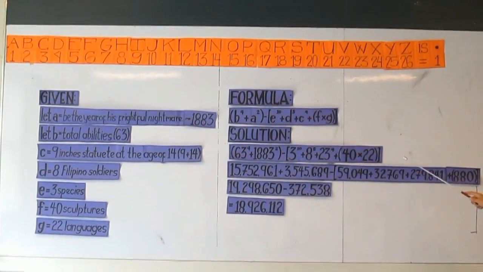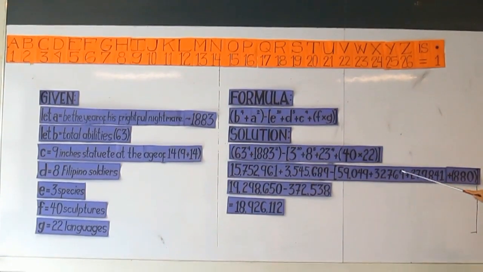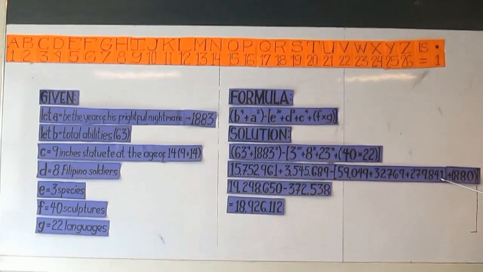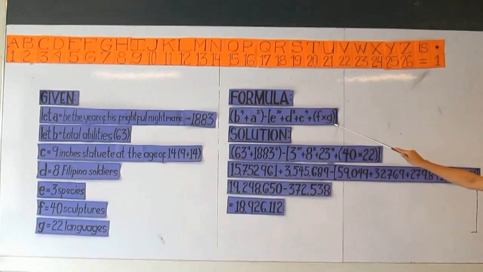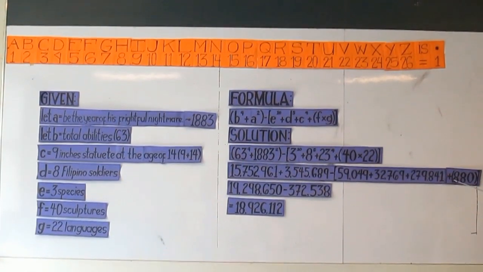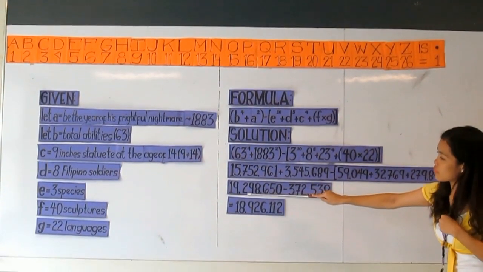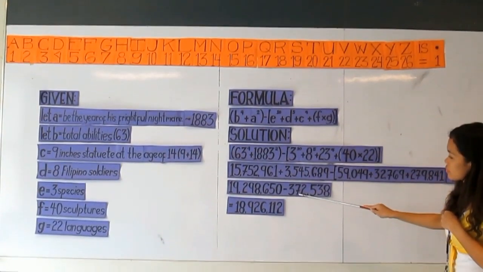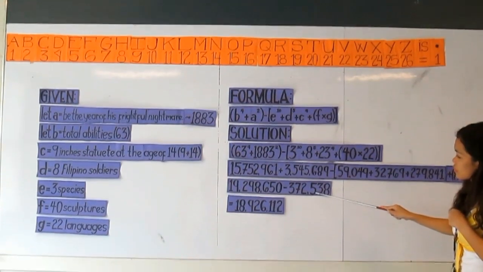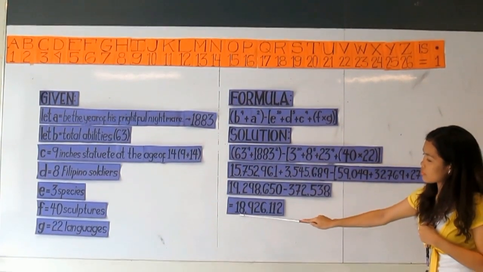Then 23 raised to 4 is equal to 279,841, and F times G, which is 40 times 22, is equal to 880. So as we solve, we got 19,298,650 minus 372,538.